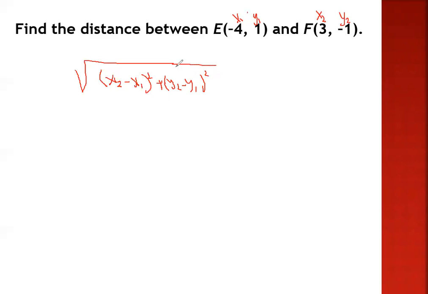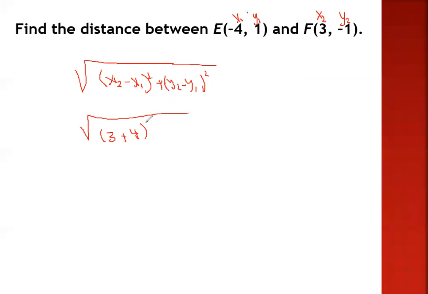Then we will start to replace. x2 was 3 minus -4, which means 3 plus 4. 3 minus -4 means what? 3 plus 4.